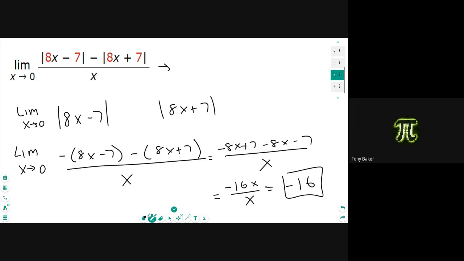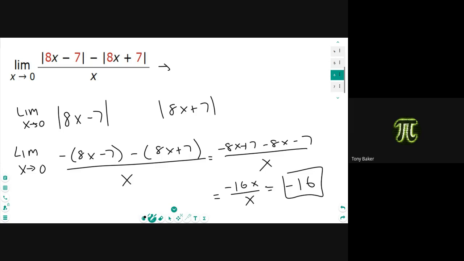If the limit was to a different number and one of them was underneath that number, it would still work the same thing. Yeah, so if the limit was to a different number, you would still have to do the same thing. However, depending on how the absolute value worked at that point, depends on if you'd get rid of it or not.